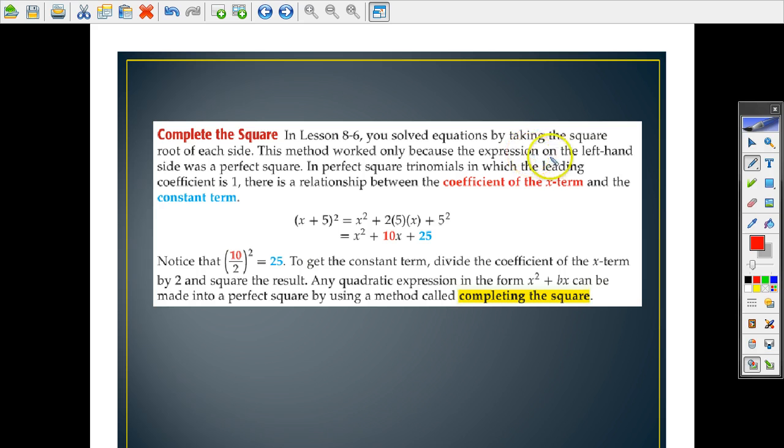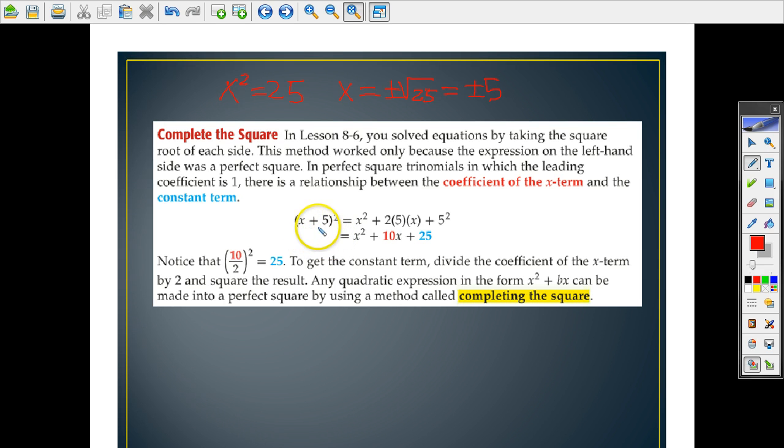So when you solve for perfect squares, for instance, if you had x squared equals 25, that meant x equals plus or minus square root of 25, which in this case is plus or minus 5. Okay, so same concept here. We're going to use this in this section, but it's going to look a little different.